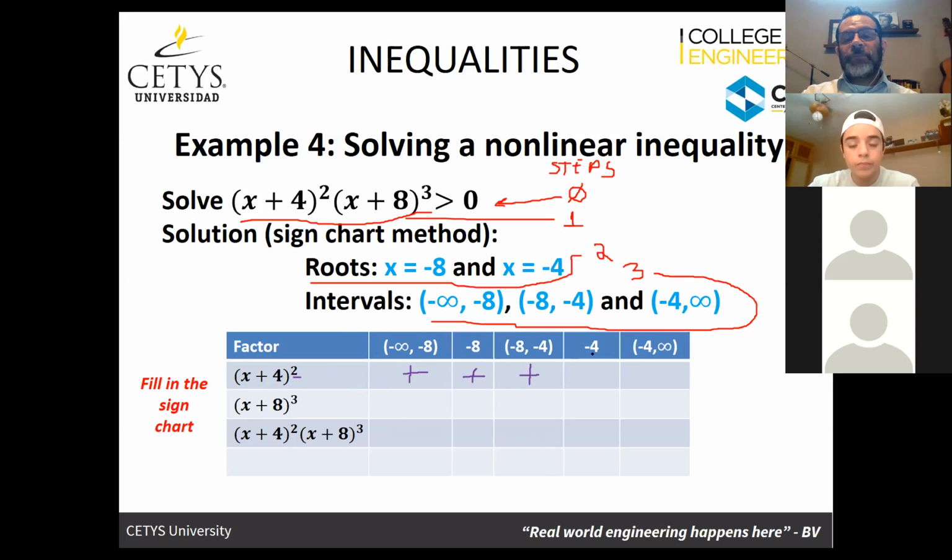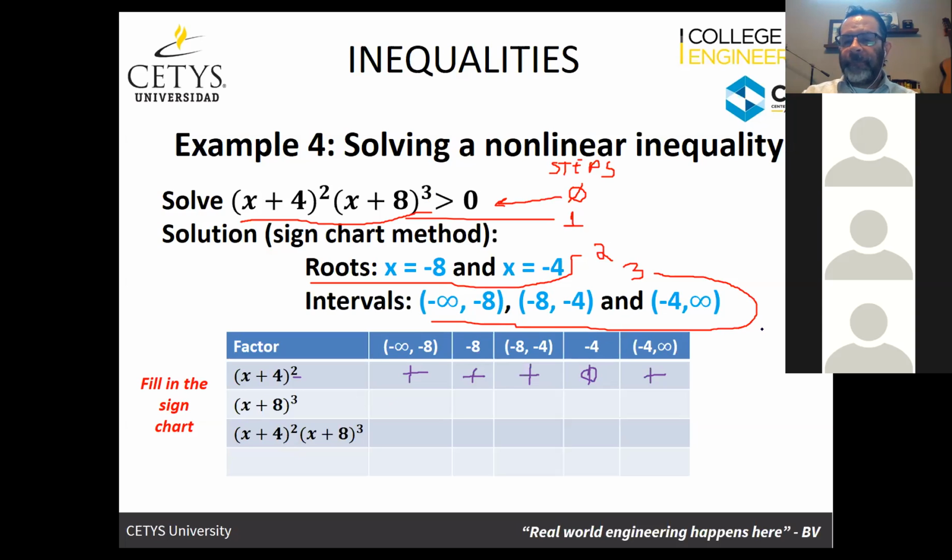But what happens when I substitute the minus 4? 0. So I'm going to get a 0 here. But what happens when I substitute anything from this interval? It's also going to be positive. So this one is always going to be positive. Okay, is that clear? Yes. Very good. Thank you, Jesus.